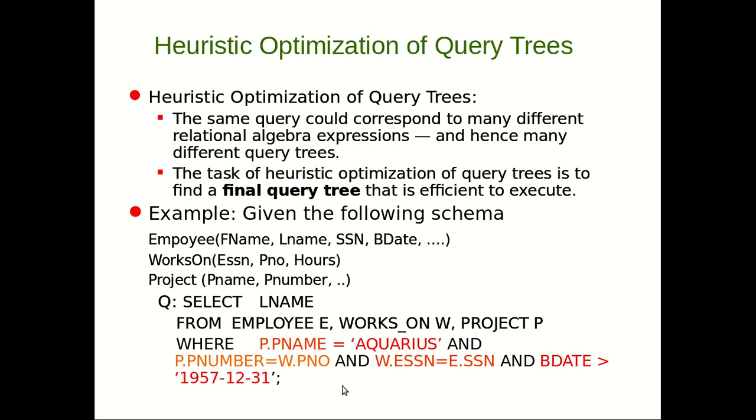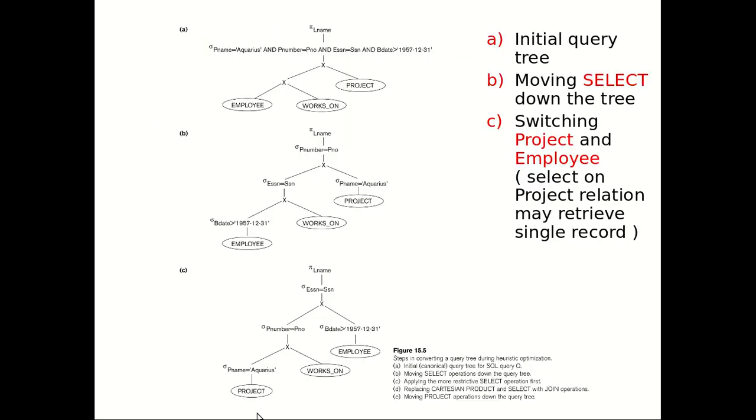Then the initial query tree will be a tree with three nodes corresponding to the three relations, that is employee, works_on, and project, clubbed together with Cartesian product. Then the select condition from the where clause, and finally the last node is a project operation with the required attributes.